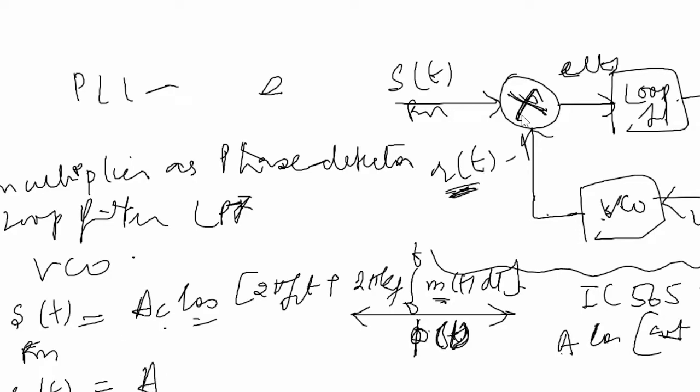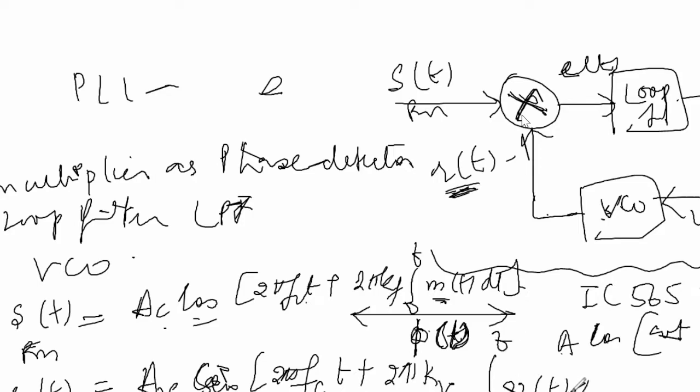We will write the equation of r(t) as Av into cos or sine, anything you can write, 2 pi fc t, your frequency is assumed to be the same, plus 2 pi kv integration 0 to t V of t dt, where V is the input of the VCO. So we have got two equations here. In the second equation, this part of the r(t) equation is called phase phi 2t. For FM it is phi 1t, for VCO this is phi 2t.